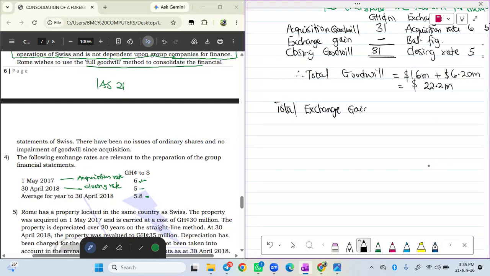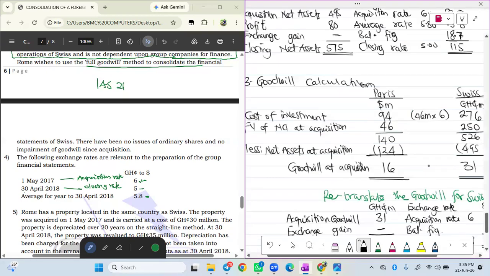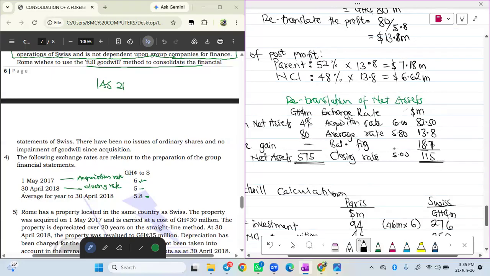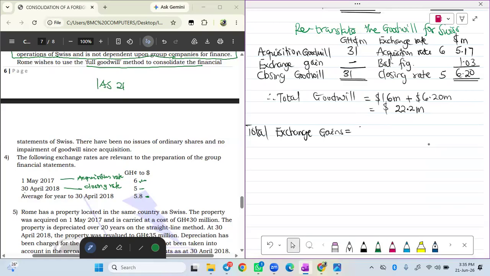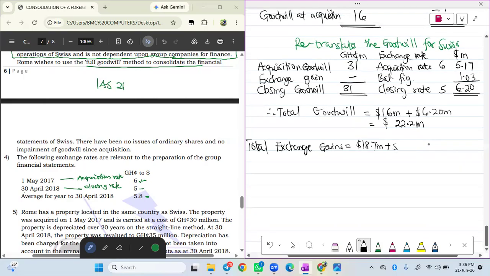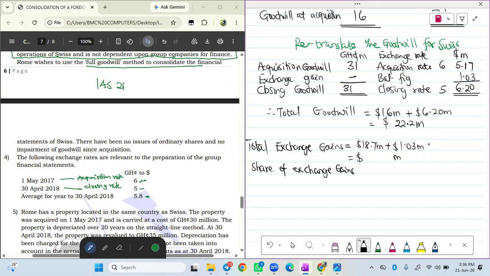So total exchange gains, the one that we got from retranslating net asset was 18.7. Then the one we got after translating goodwill is what? 1.03 million. So what will be our total exchange gains? Then we share it. What will be the total?